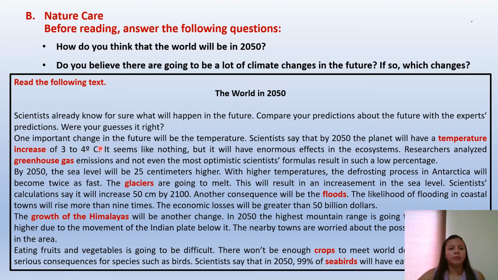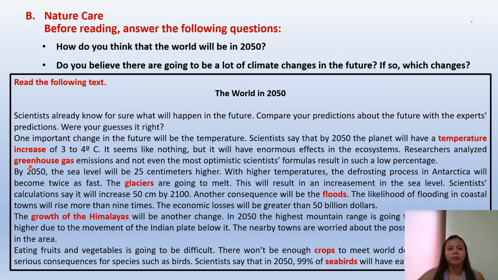One important change in the future will be the temperature. Scientists say that by 2050, the planet will have a temperature increase of 3 to 4 degrees Celsius. It seems like nothing, but it will have enormous effects on the ecosystems.